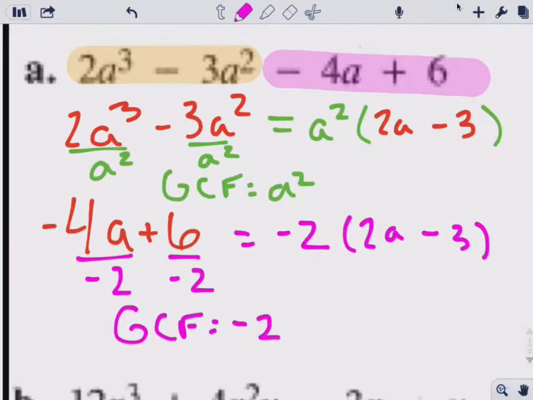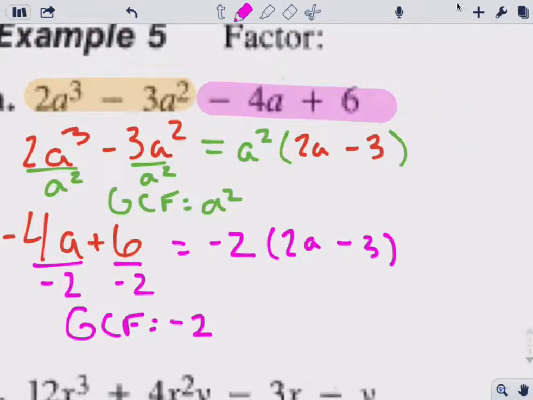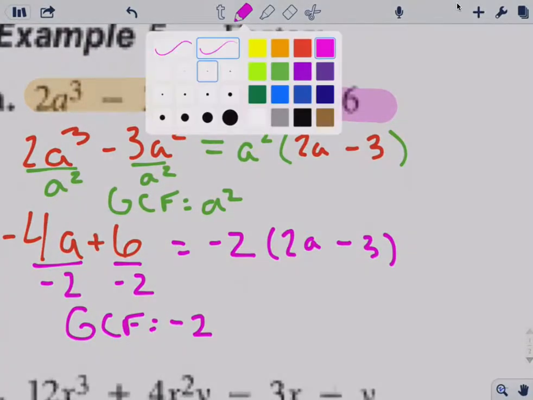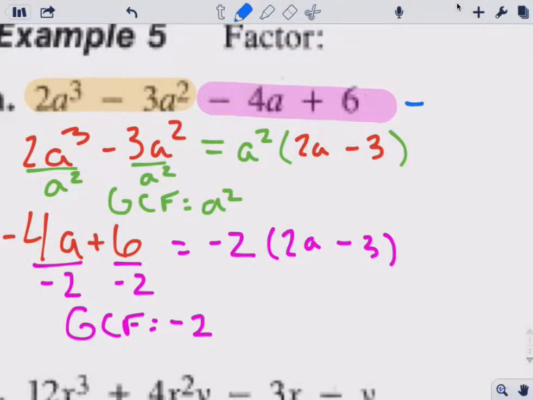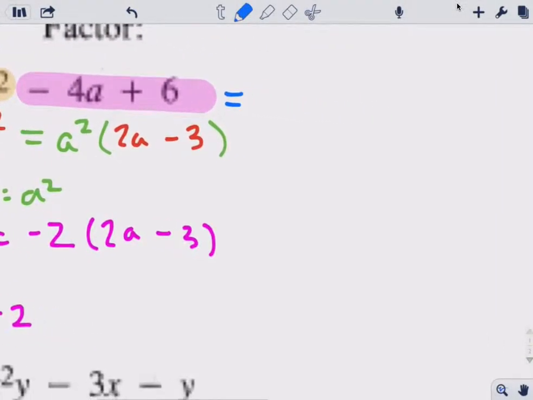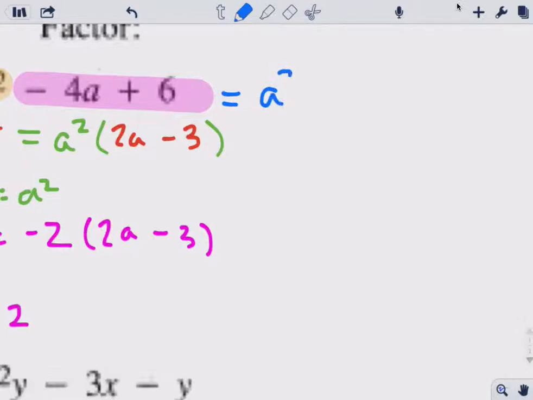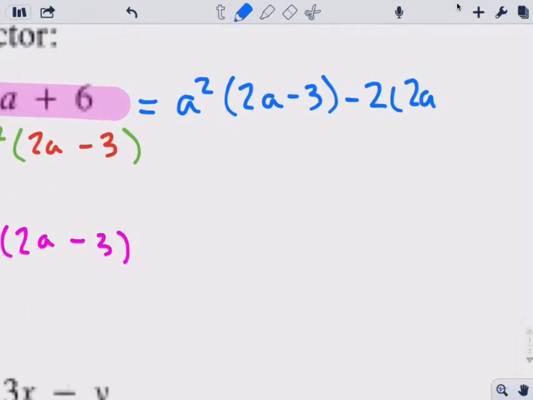All right, so I've got these two pieces. Essentially that tells me that my original expression is a squared times 2a minus 3 minus 2 times 2a minus 3.